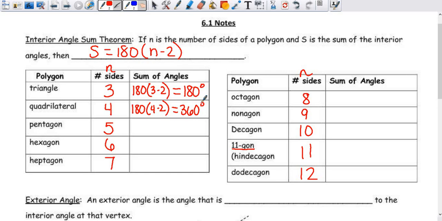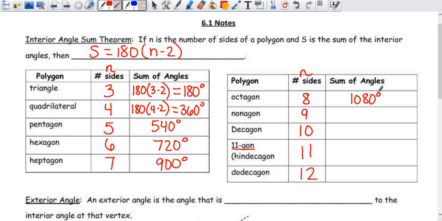All right? So then if we were plugging these in, doing them in the calculator, for a pentagon, we end up getting 540 degrees. For a hexagon, we get 720 degrees. For a heptagon, we will get 900 degrees. For an octagon, we will get 1,080 degrees.